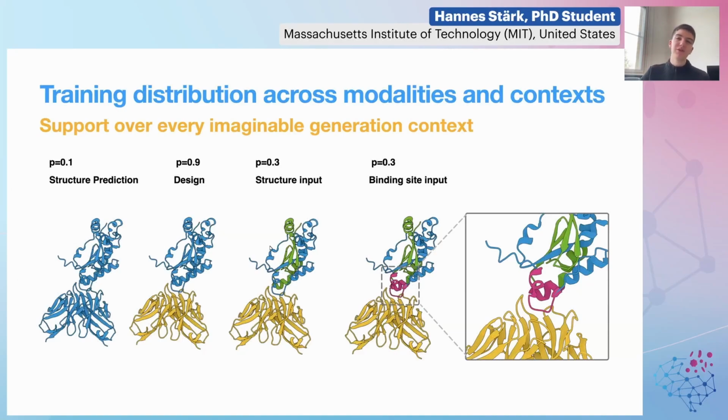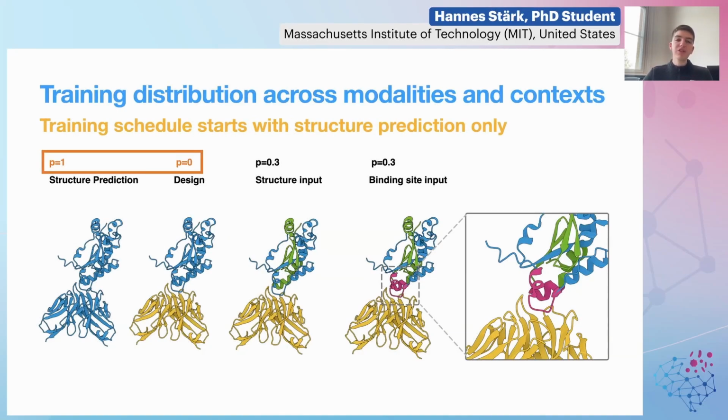And sometimes with a certain probability, we also feed in the structure of the target. Sometimes we feed in the binding site specification. All these are sampled from a distribution, and all the other conditioning possibilities and contexts that we have are also sampled to exercise the model in as many contexts on this data as possible. And this distribution also changes over the course of training. For example, at the beginning of training, we only train with structure prediction.